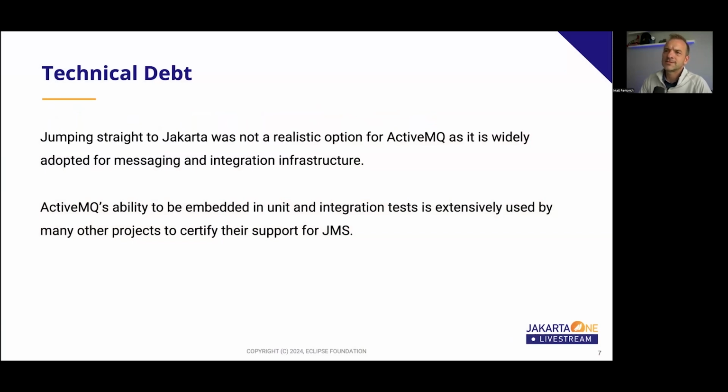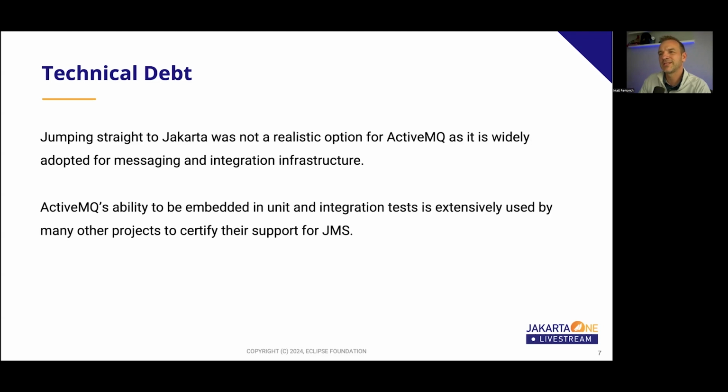So technical debt, this is the big thing. The catch here is that most of the work in making a migration has to do with tackling any technical debt that's piled up. Especially with ActiveMQ, jumping straight to Jakarta wasn't really realistic because it had accumulated some technical debt. Also, ActiveMQ is really widely adopted, not only as a server, a messaging and infrastructure layer, but it's also embedded and used in a lot of other open source and commercial products, in embedded unit tests and integration tests, because it's used very extensively for other applications to certify their JMS support.